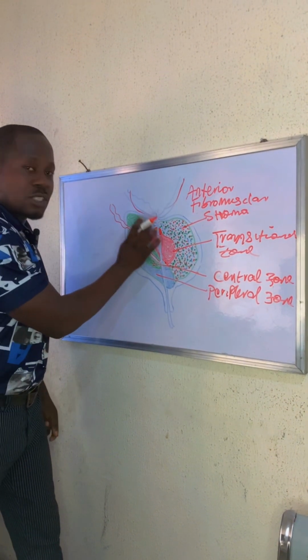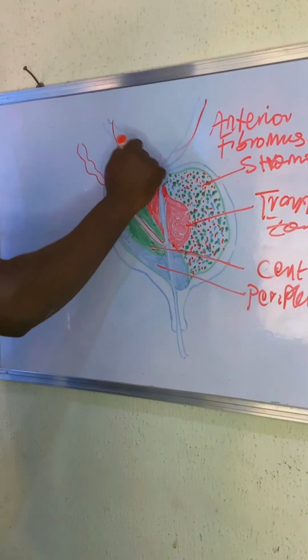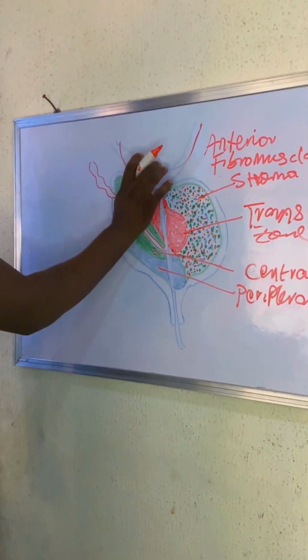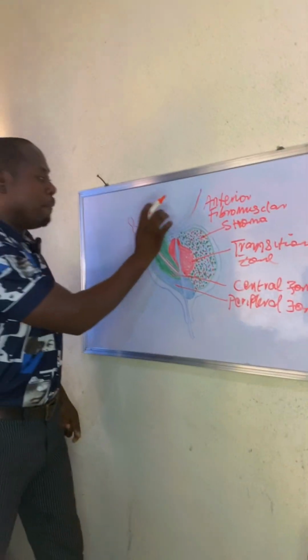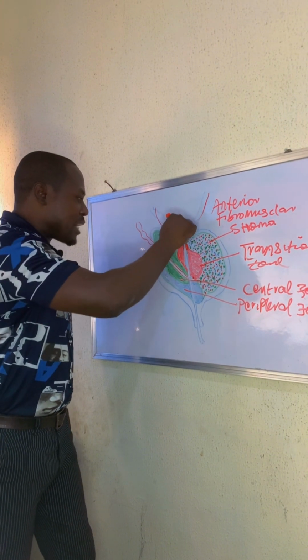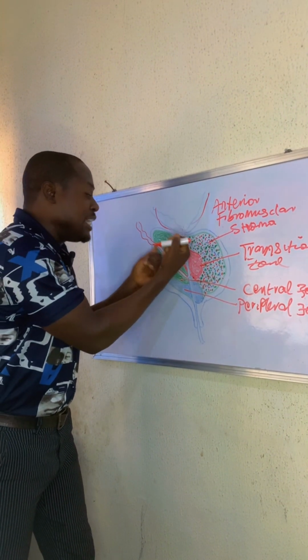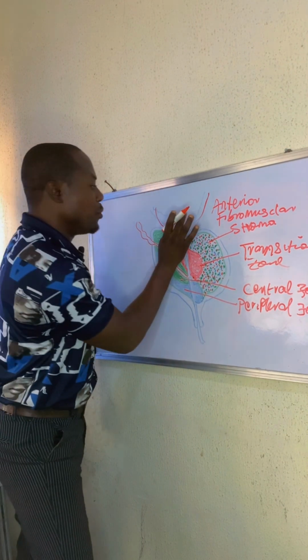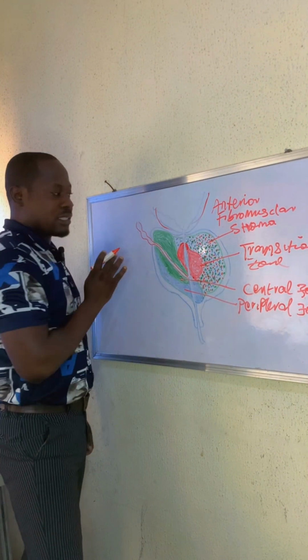That is why as a sonographer, you see the median lobe of the prostate protruding into the urinary bladder, blocking or constricting the prostatic urethra, making the man feel the urge to urinate always.